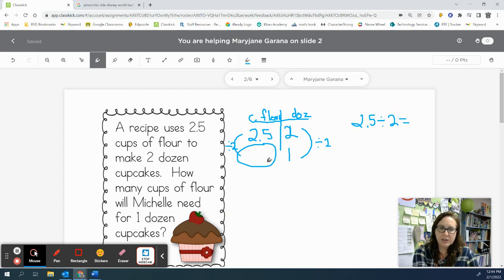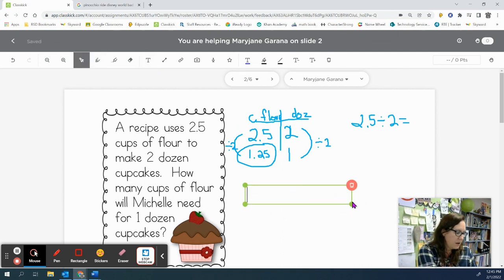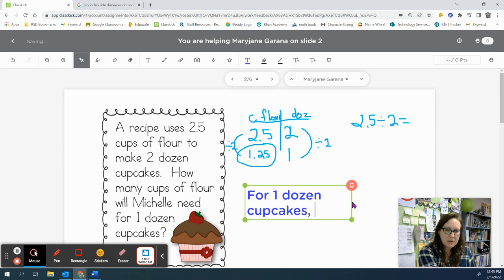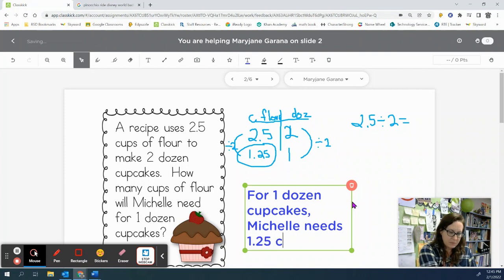And your calculator is going to say 1 and 25 hundredths, or 1.25. So the answer on this one is, for 1 dozen cupcakes, Michelle needs 1.25 cups of flour.